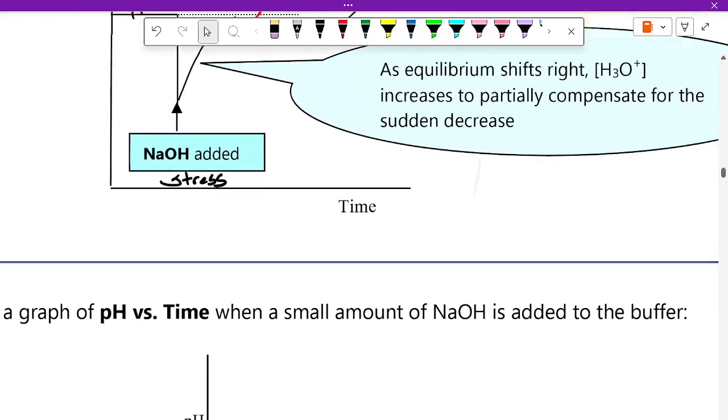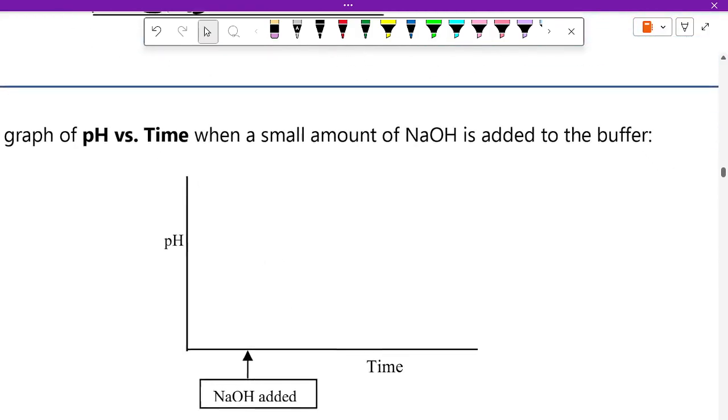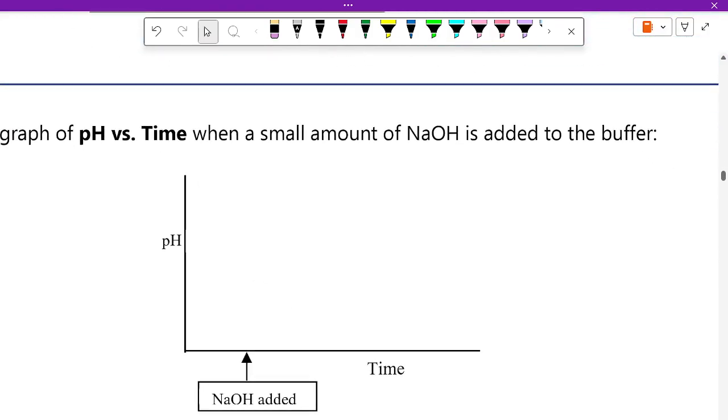Could you please graph the pH versus time when we add NaOH to the buffer?